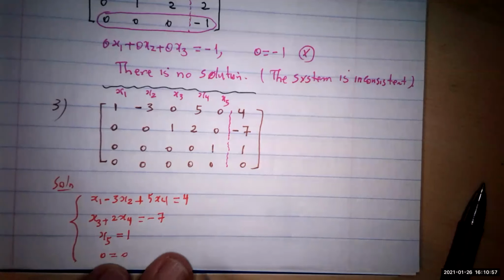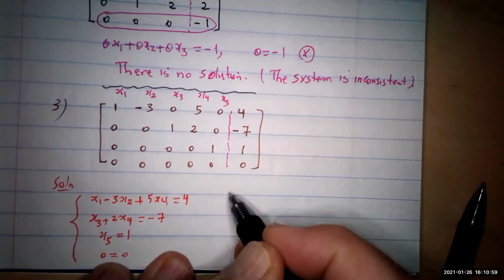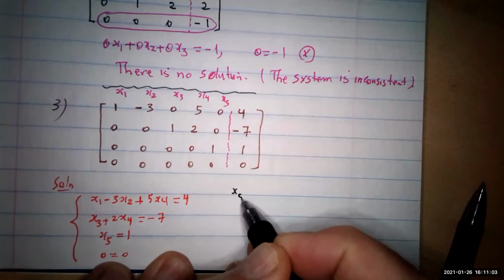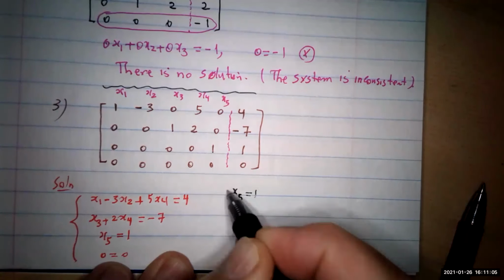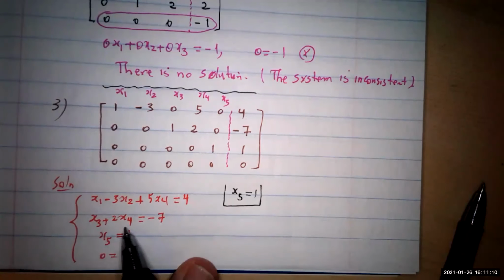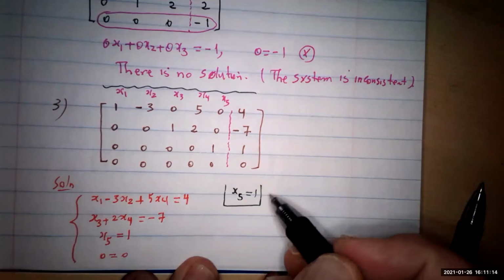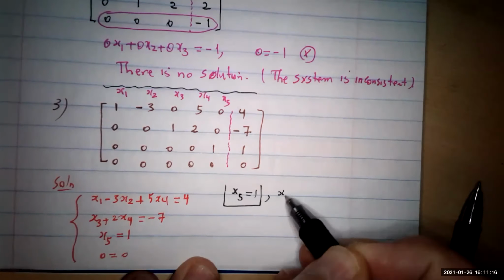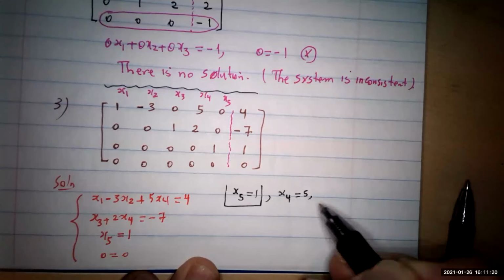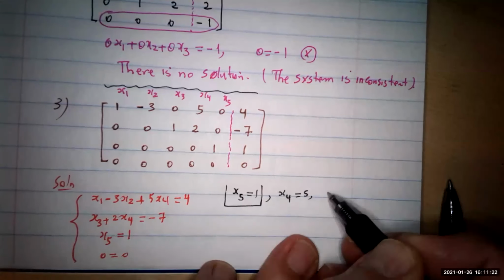So what we are going to do is, we have already the x5. You see the x5 is already given to you. So x5 is equal to 1. If you want to find the x4, you have the x3 and the x4, so you have to pick one of them to be free. I'm going to pick the x4 to be free. I'm going to call it s, any number.